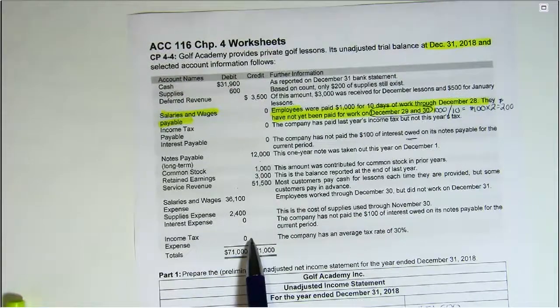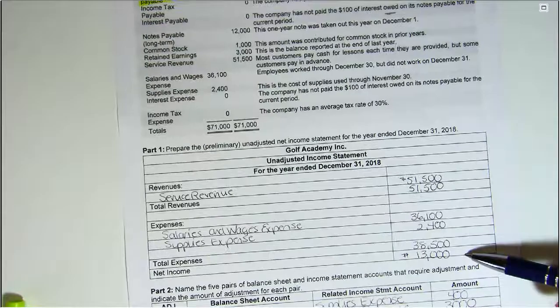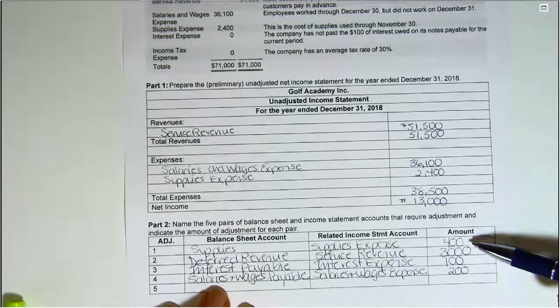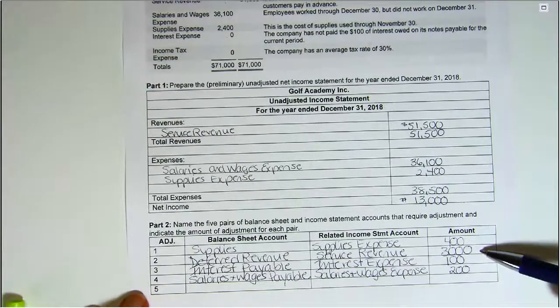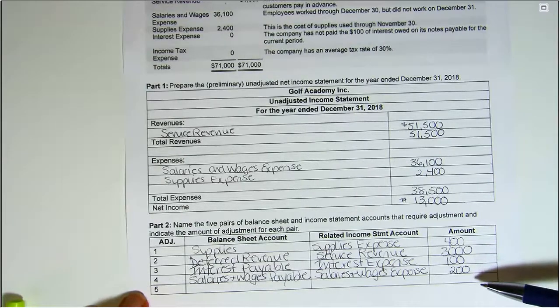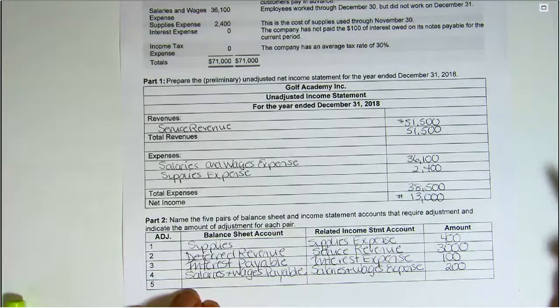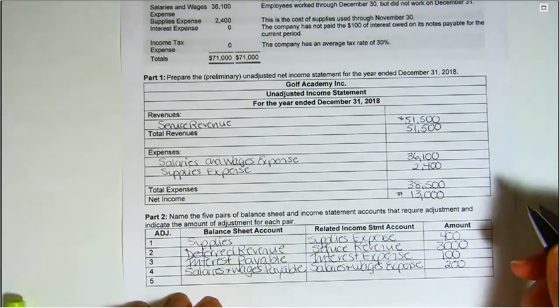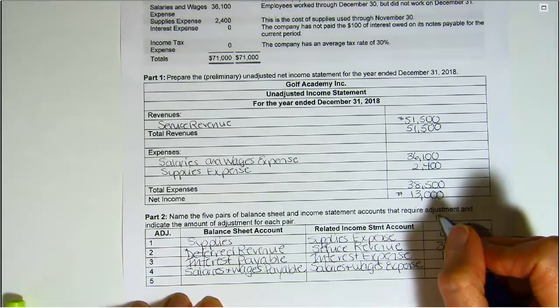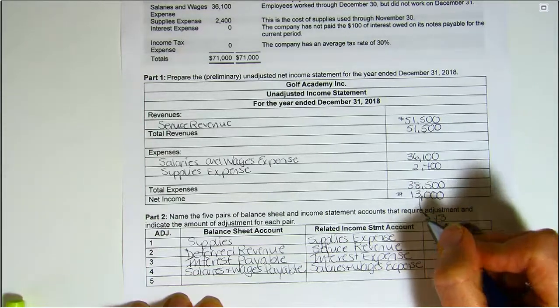And now we're back down to that income tax expense, but now we're going to be able to calculate that, because what we'll do is take our net income and then add any revenue and subtract any expenses to come to our taxable income. So let's do this. Let's just put 13,000 here.